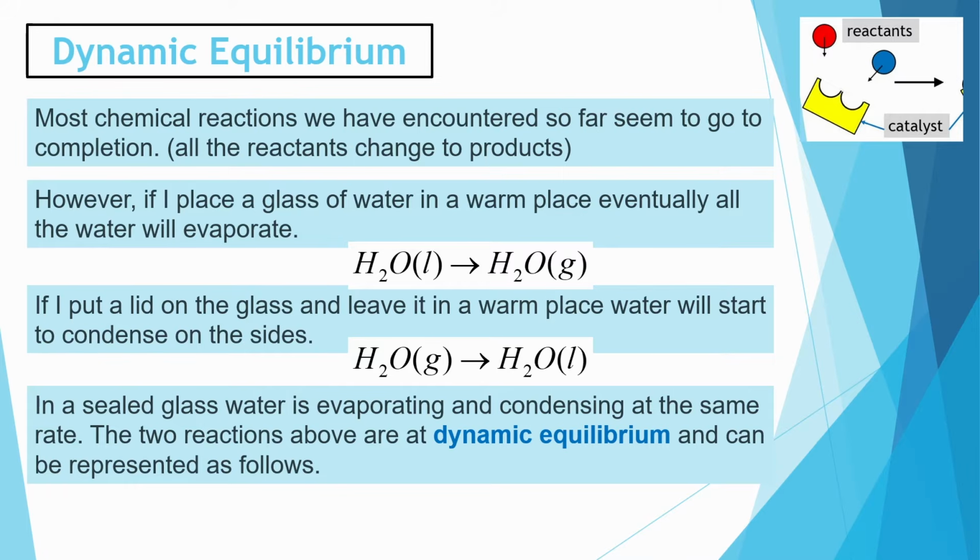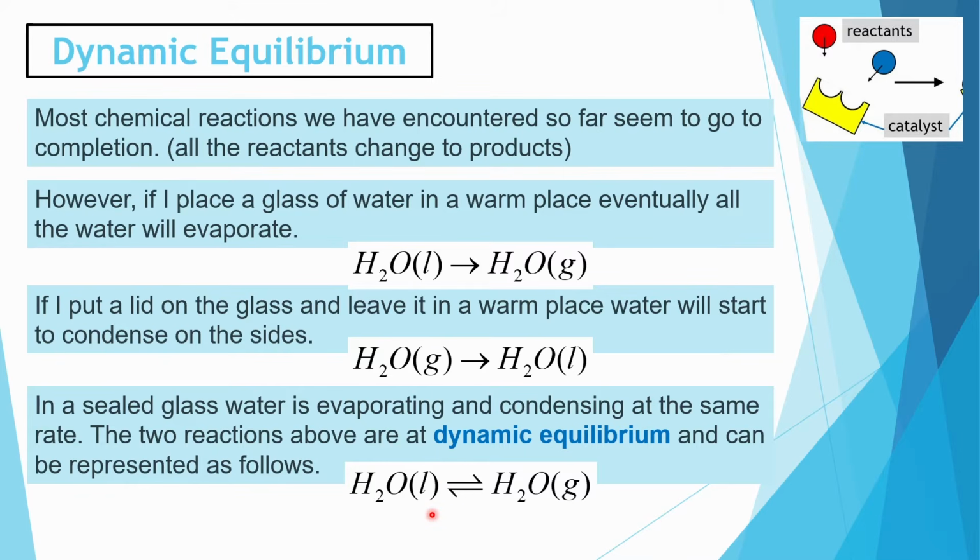So these reactions are said to be at dynamic equilibrium. We often just say at equilibrium, that's fine, but what it means is there is some water in the liquid phase and some water in the gas phase. There's actually a lot more liquid water than gas water, but that doesn't influence the equilibrium. When we say something's at equilibrium, we mean that the forwards reaction is happening at the same rate as the backwards reaction.